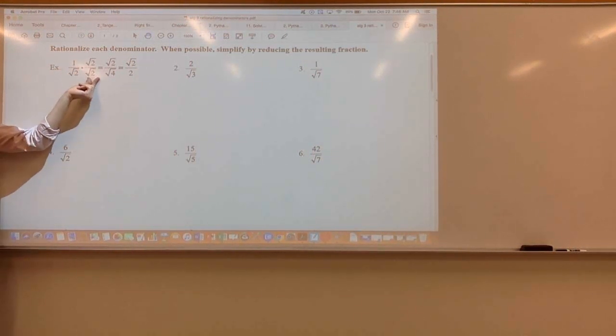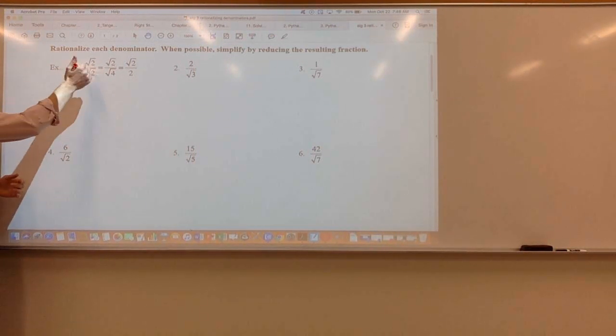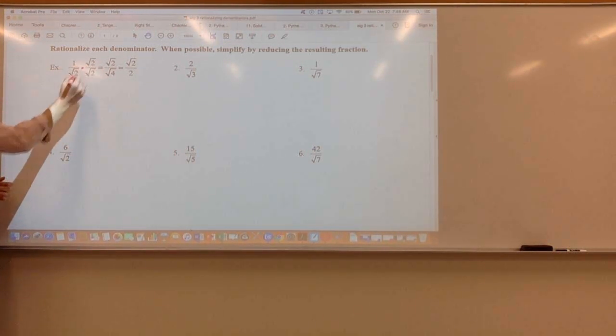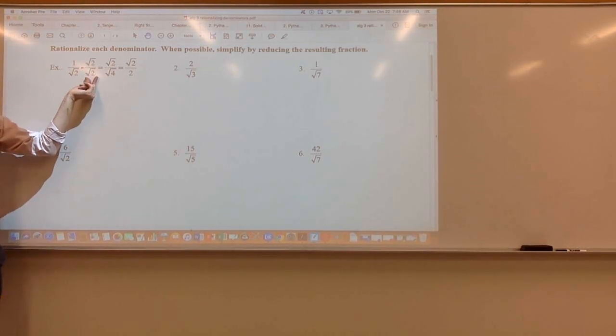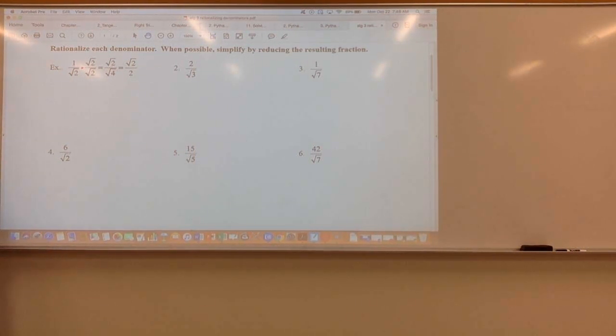I'm allowed to do that because something over itself is just equal to 1. I can multiply anything by 1 and it doesn't change the value. Mr. Haynes, I think you called that a fancy 1. This is just a fancy 1. We're allowed to multiply anything by 1 and that doesn't change its value.